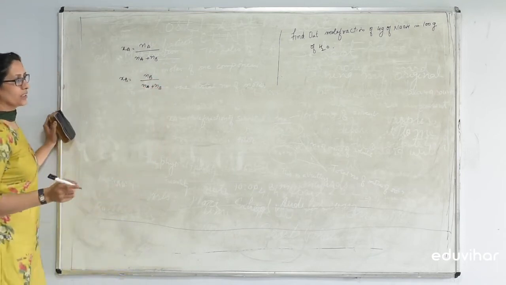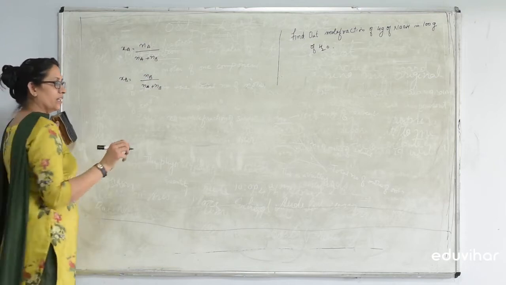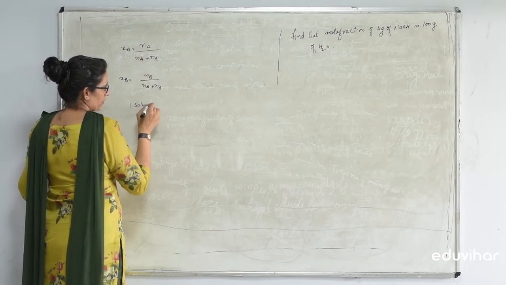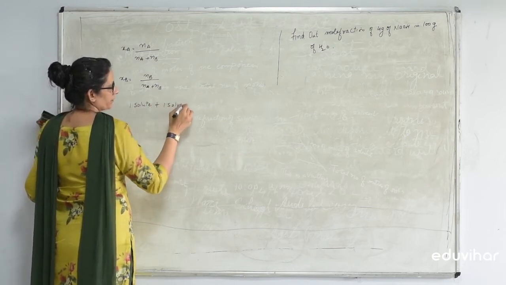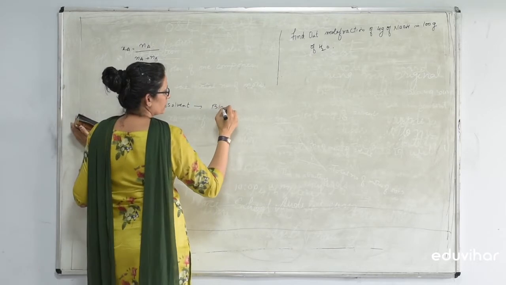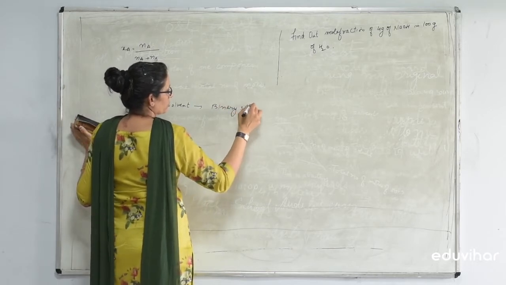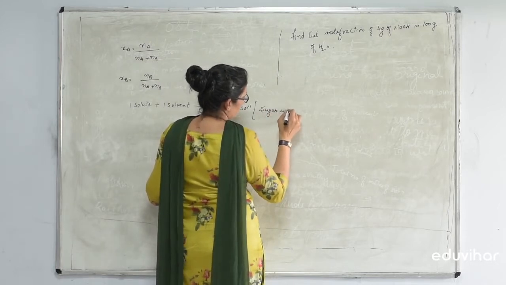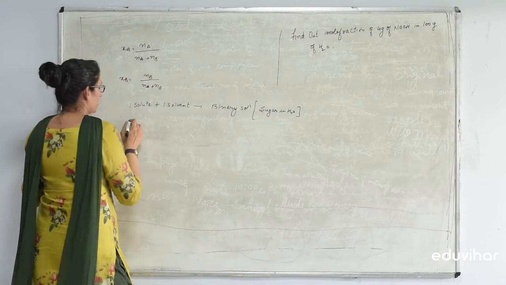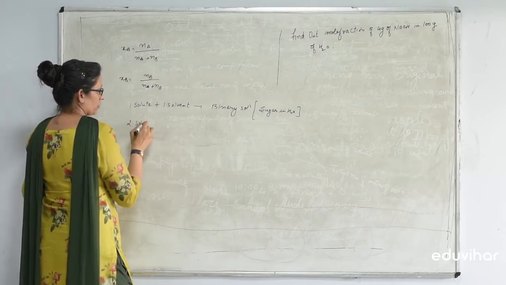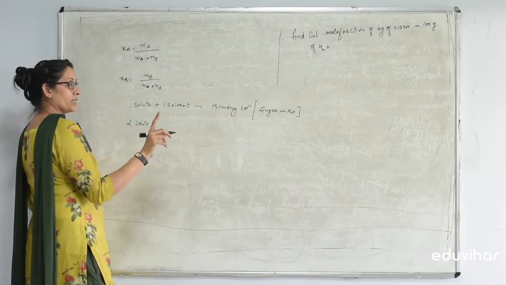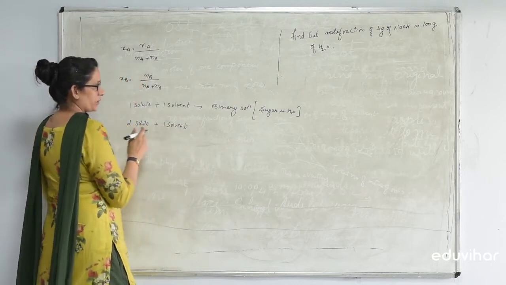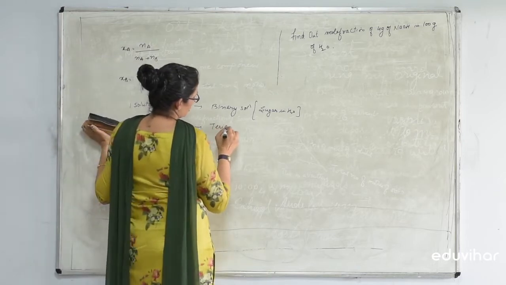The most important thing: if we have a binary solution, that means one solute plus one solvent. For example, sugar in water. If we have two solutes, the solvent always remains one, so the total components become 3, and this is known as a tertiary solution.